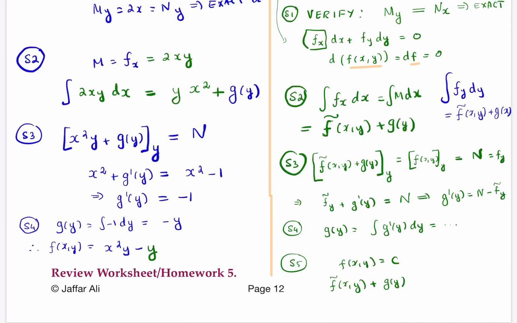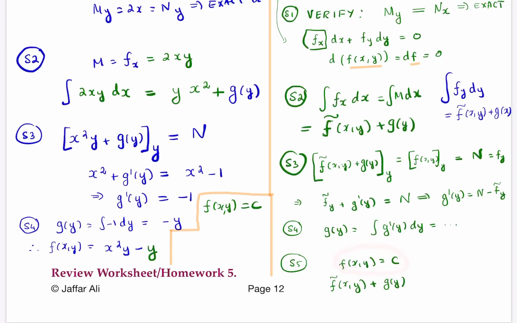So therefore, the way that you write the solution is, we write the solution as f of x comma y is equal to c, just like you see in here.